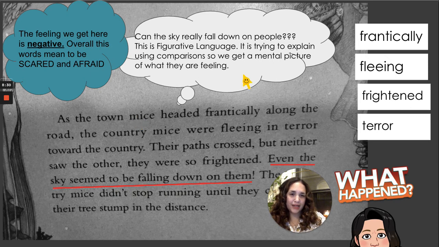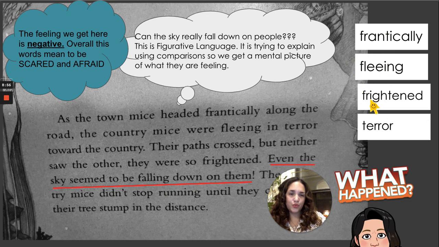So let me go back and put these words with scared and afraid, and let's see if that makes sense. As the town mice headed scared along the road, the country mice were fleeing in terror. Yes, when we talk about terror, it does mean that you are afraid. So I am correct.